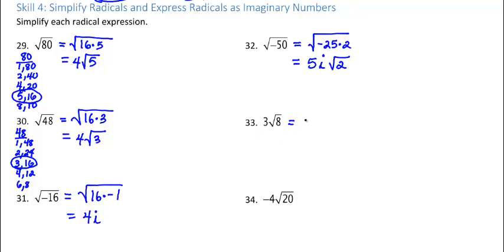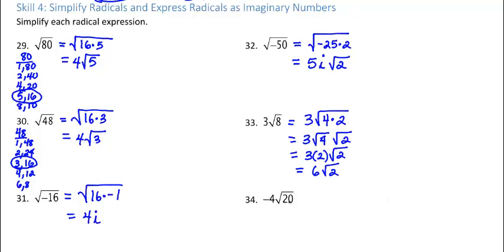Next, 3 times the square root of 8, so we rewrite 8 as 4 times 2. Again, that's a perfect square that divides 8. And we write that as 3 times the square root of 4 times the square root of 2. But the square root of 4 is 2. And then times the square root of 2. So 3 times 2 is 6 times the square root of 2.